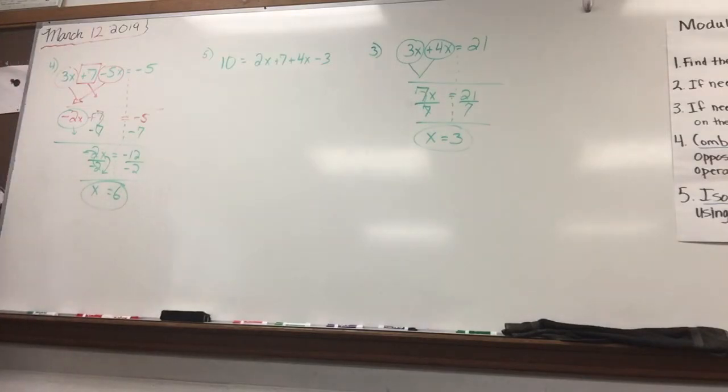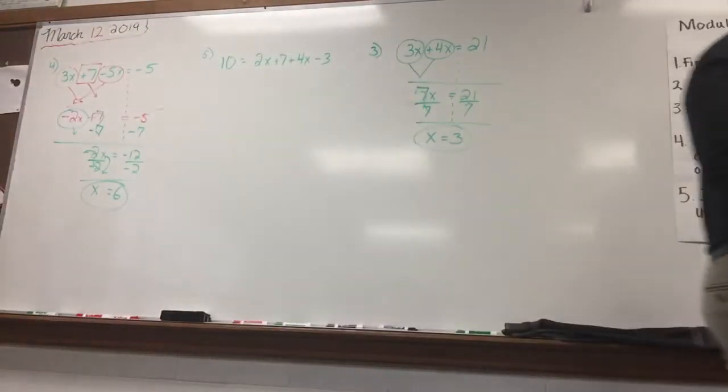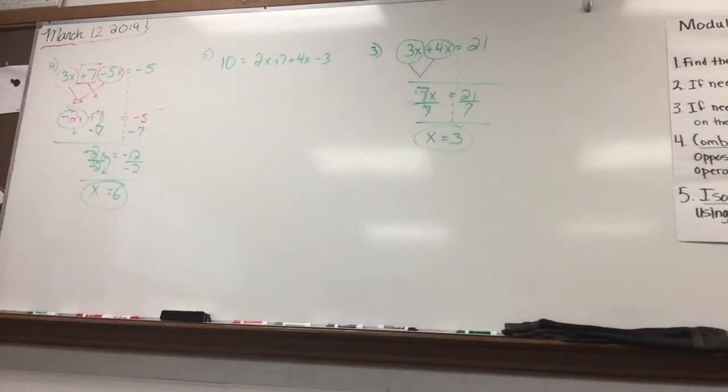So we have 10 equals 2x plus 7 plus 4x minus 3. This one takes a little bit more work. Again, talk it over, please.